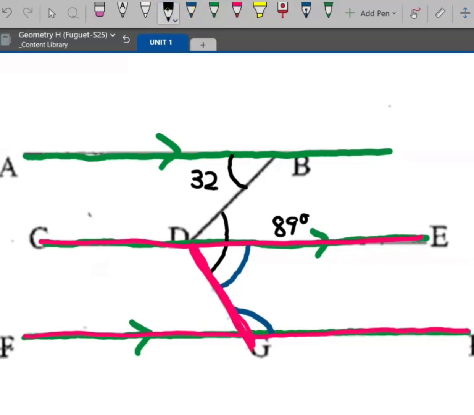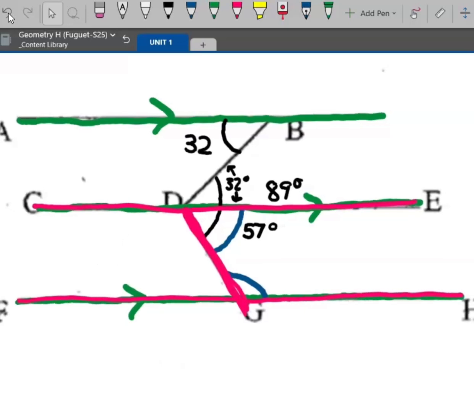But the good news is, if we know this angle was 32 from here to here, and the total angle together is 89, to find that first blue angle we do 89 minus 32, which tells me my first answer, angle EDG, must be 57 degrees, since they both add to 89. Using the pink parallel relationship you see here, here's our parallel line and transversal.